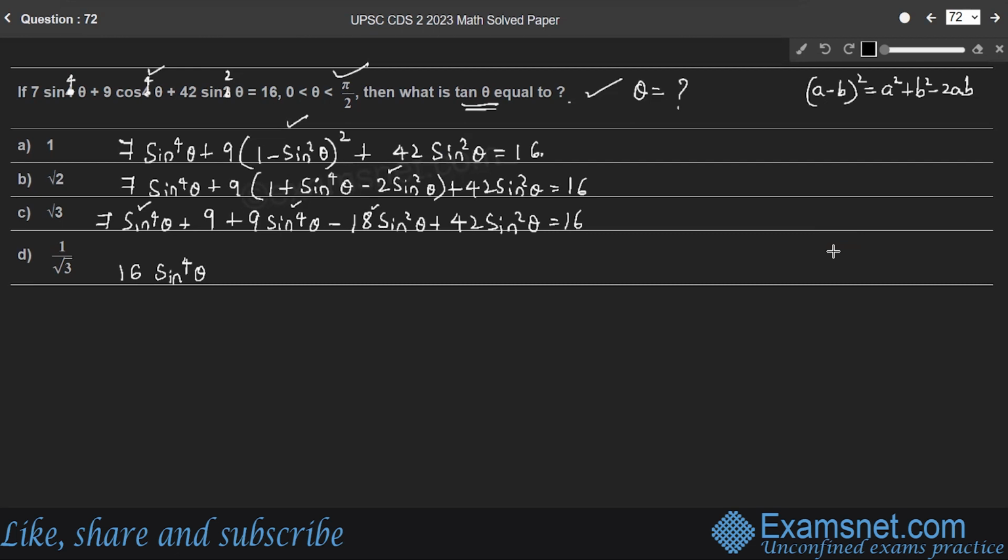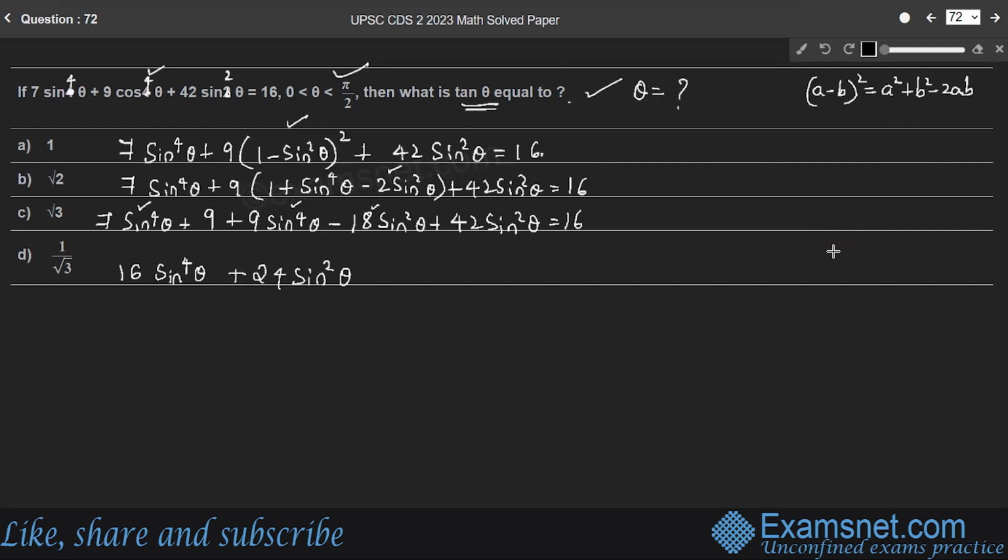So we have 26, 36, 44, then 24, right? So plus 24 sine square theta. Am I right? Yes, 24, 34, yeah, 42. Plus 24 sine square theta, right?